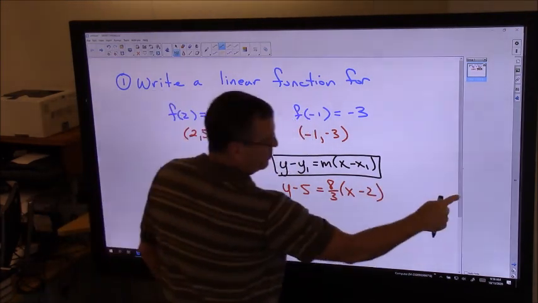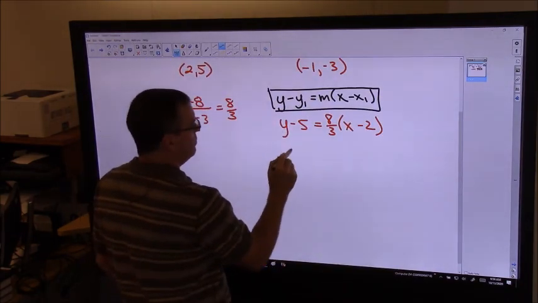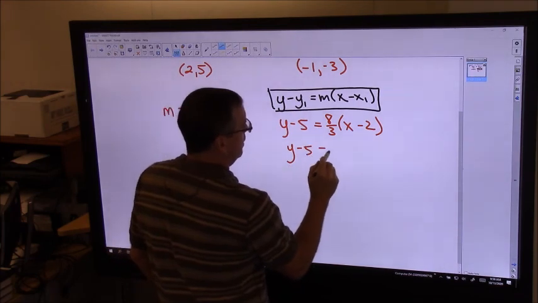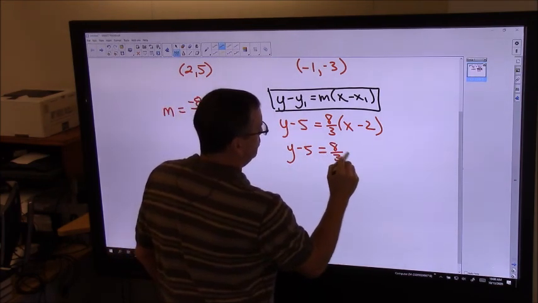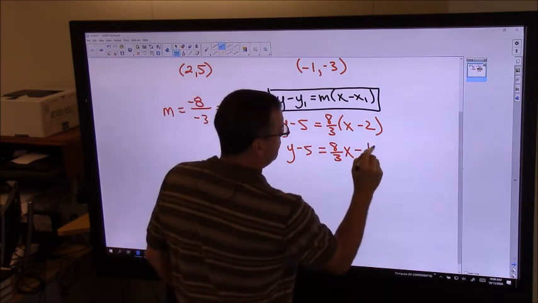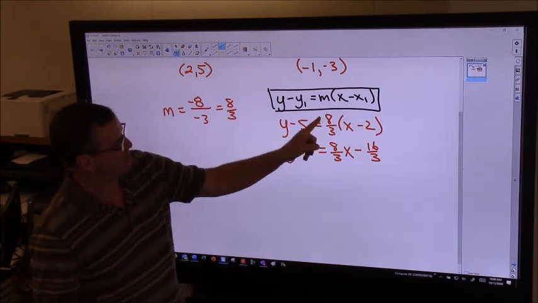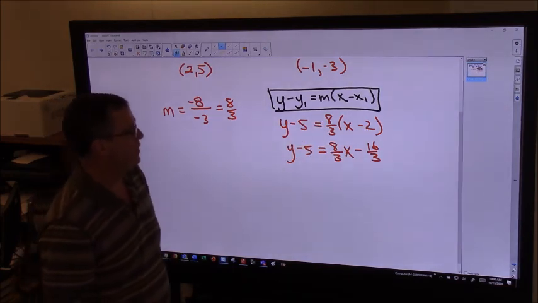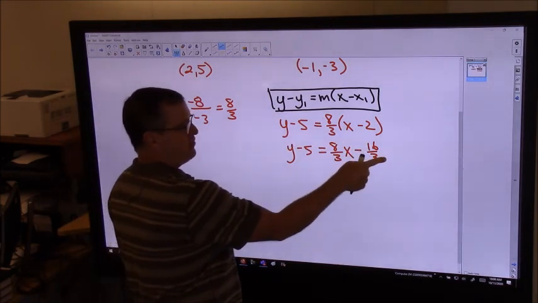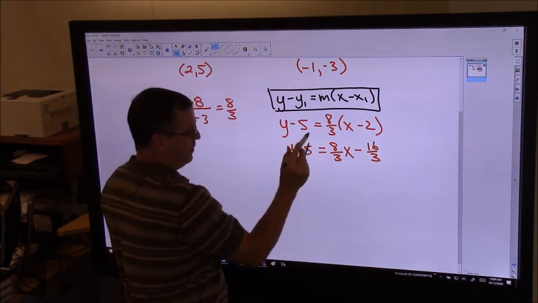And now I just have to solve for y, get y by itself. So first I'll distribute this. y minus 5 equals 8/3 x minus 16/3. Remember, integers, you just multiply straight into the numerator. And now I got to move this 5 to the other side and add that. So when I add 5 here, it's gone.